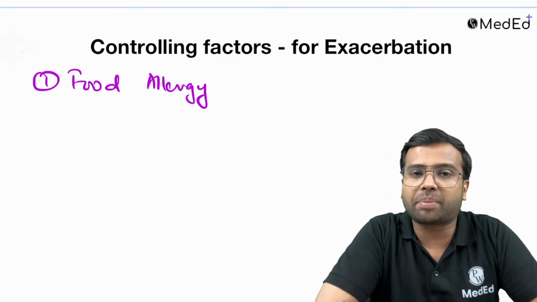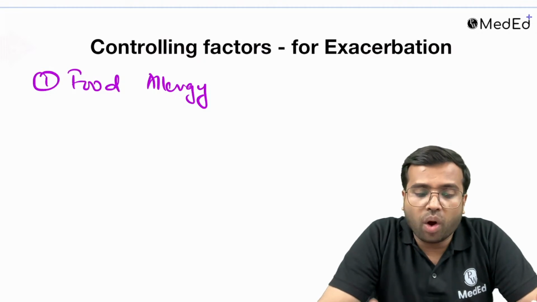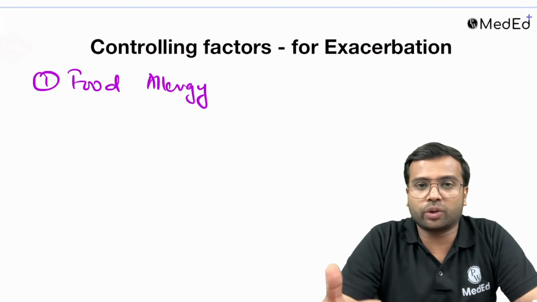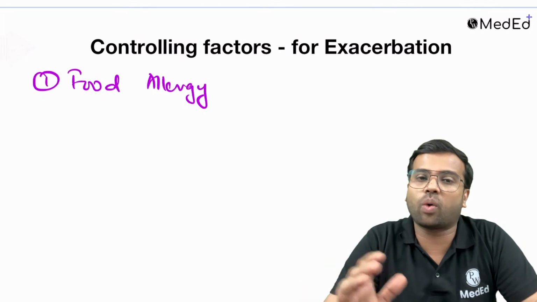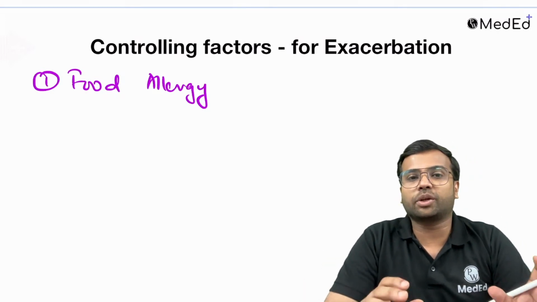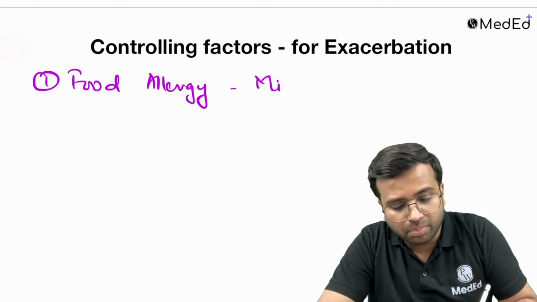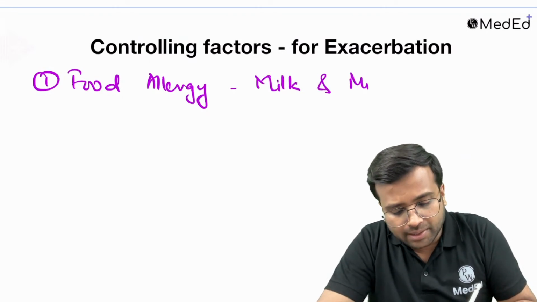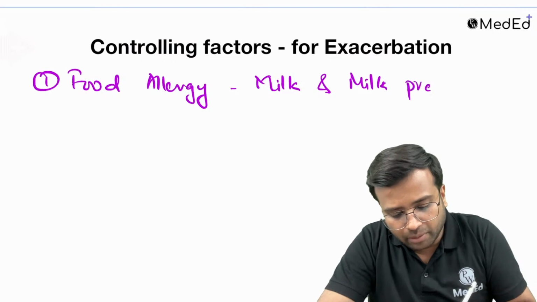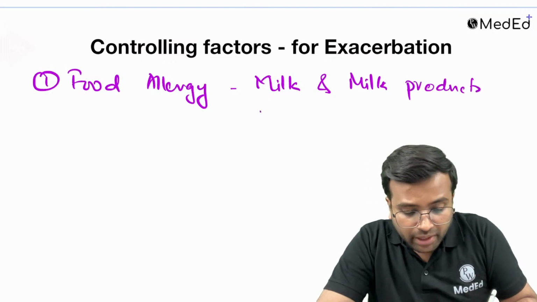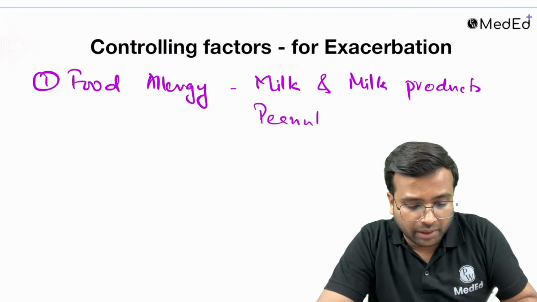So we need to ask the patient, what do you think is causing some exacerbation? What are the common food items that you think are causing it? Usually milk and milk products come up. Peanuts are reported multiple times.